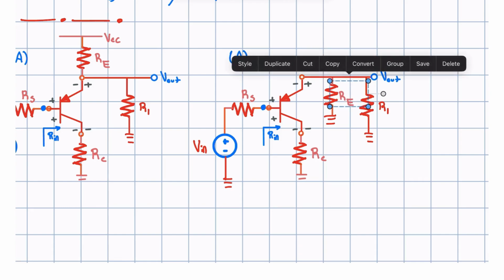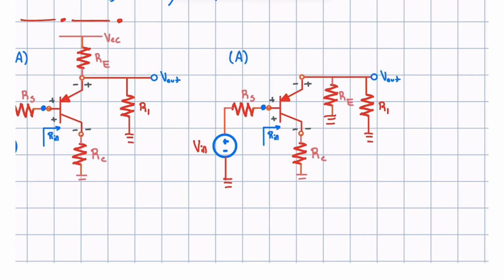All we've done so far is make VCC go to ground. We also have to realize that since we're being asked to solve for the input impedance at this area where Rn is the blue arrow, this is where we're going to start. So this part right here is not going to matter to us.